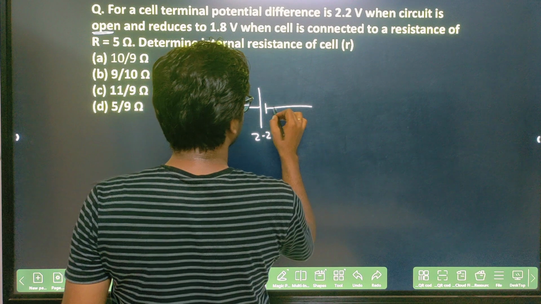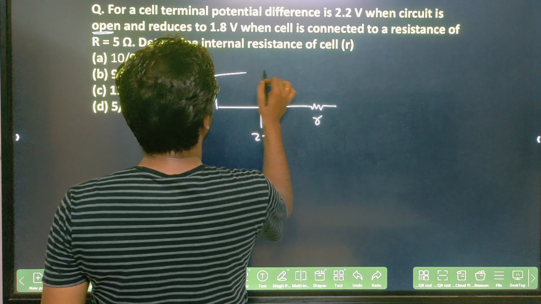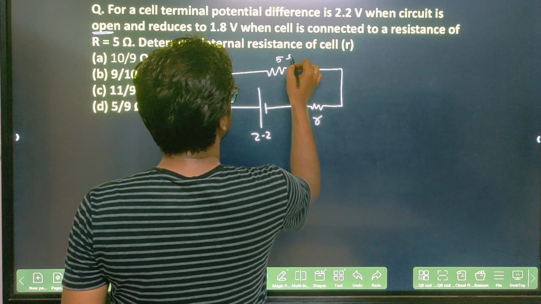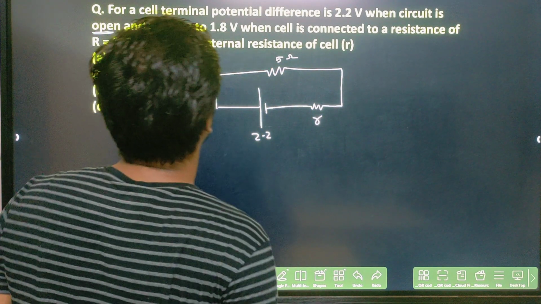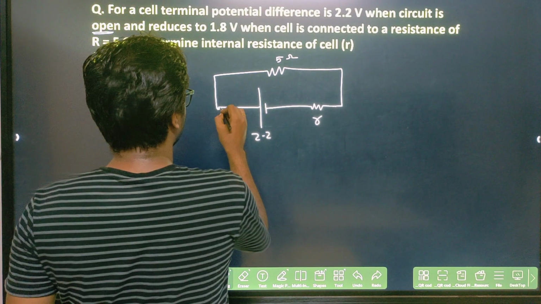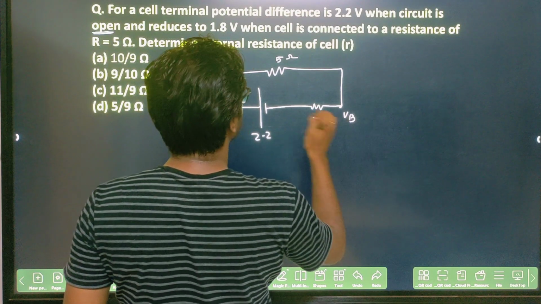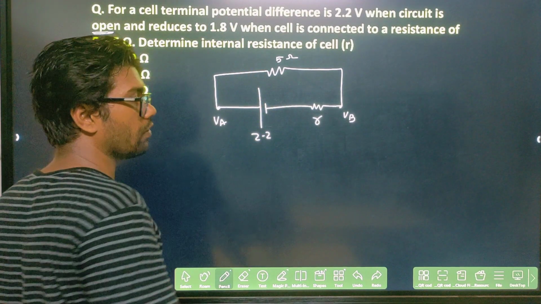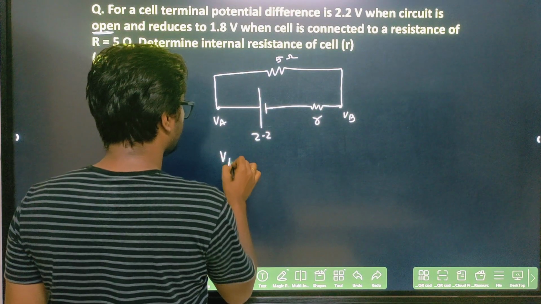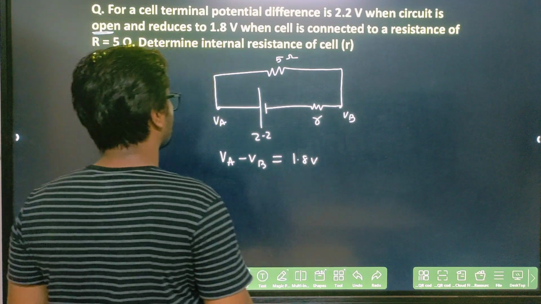So the cell has an internal resistance, small r, and now it is connected to a 5 ohm resistor. Now the terminal potential, this is VA and this is VB, reduces to 1.8 volt. So VA minus VB is equal to 1.8 volt.